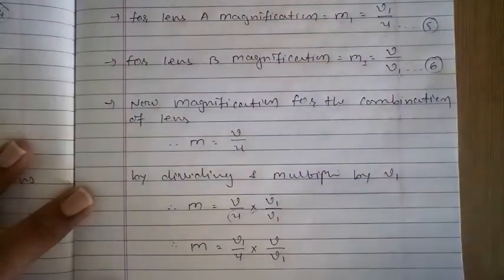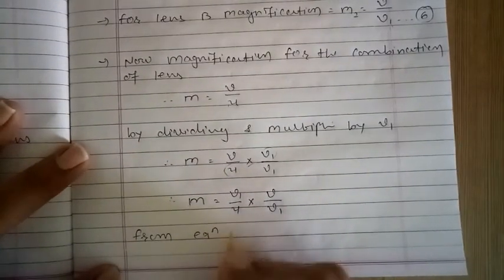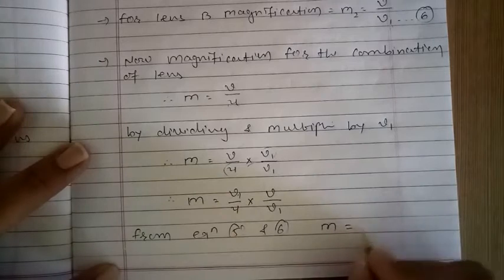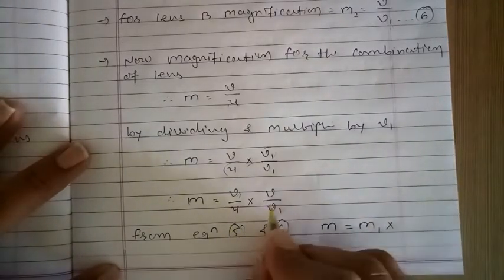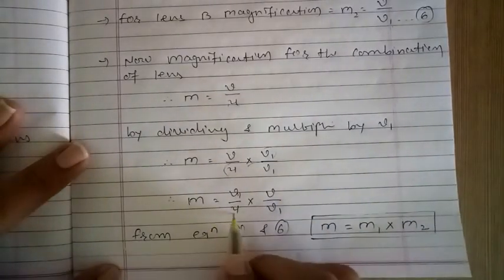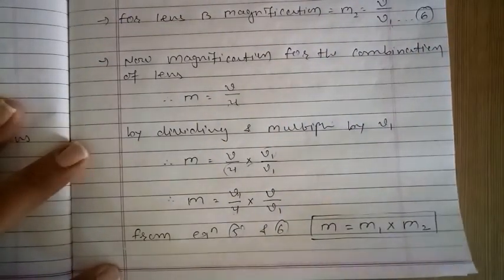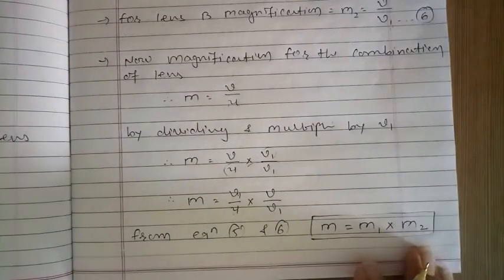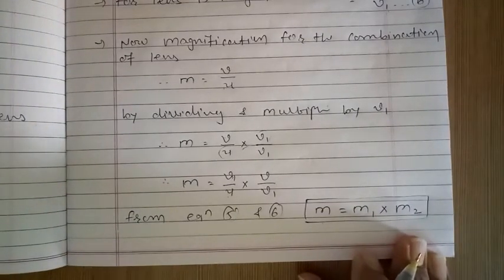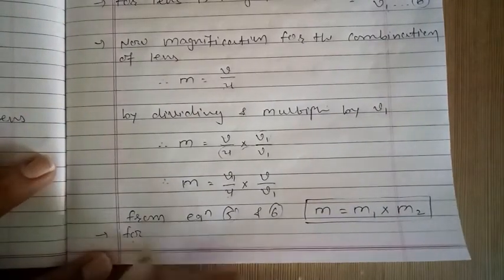So from equation 5 and 6 we get M is equal to V1 by U, M1, into V by V1, M2, right? Because V1 by U is M1 and V by V1 is M2, so M is equal to M1 into M2. Now if there are n number of lenses, then M is equal to M1 into M2 into M3 up to Mn, right?